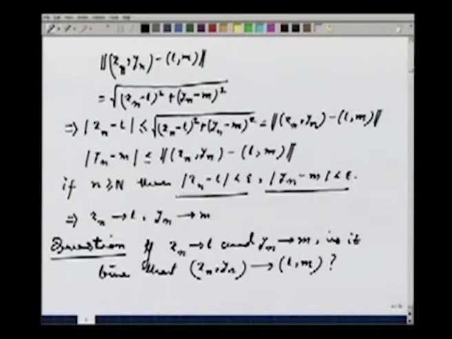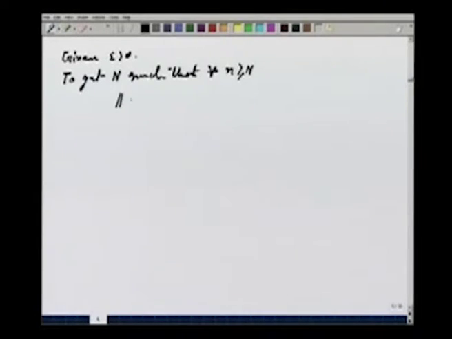Fortunately, the answer is yes, and it can be proved as follows. So start with an epsilon. What is the job? The job is to get capital N such that for all n bigger than or equal to capital N, this should happen.